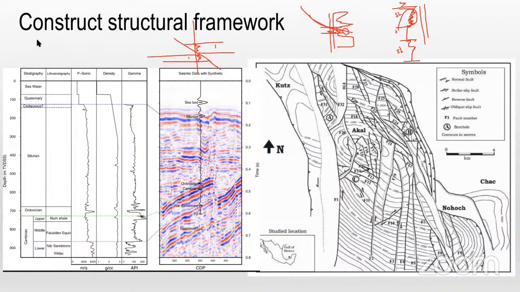So in the area without fault, it looks like this. But in this area, you have the repetition of this interval. So based on those, you can interpret that you have a fault.